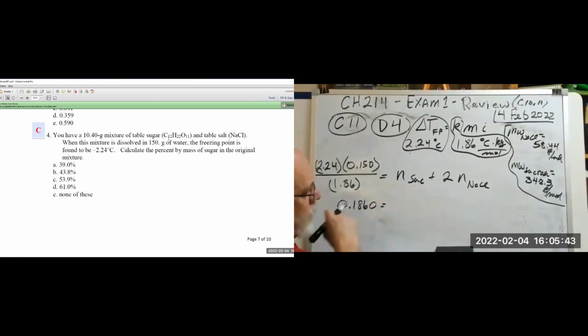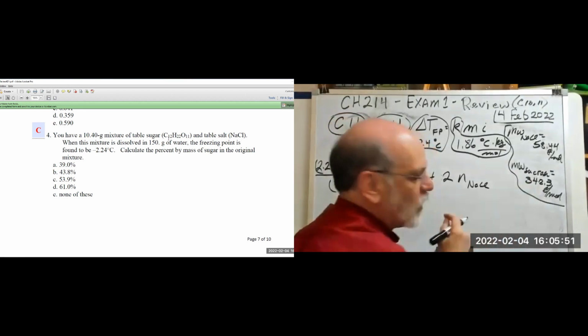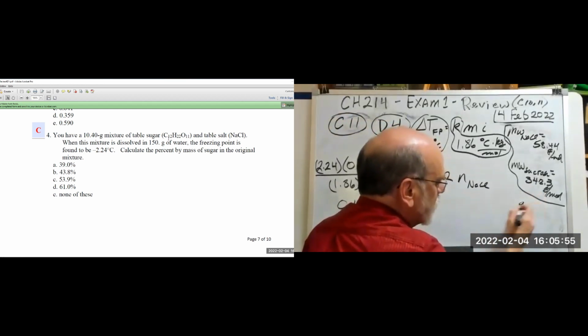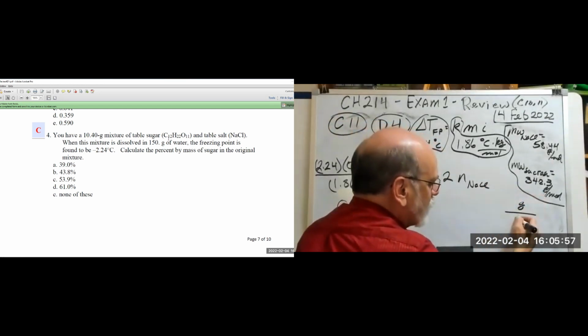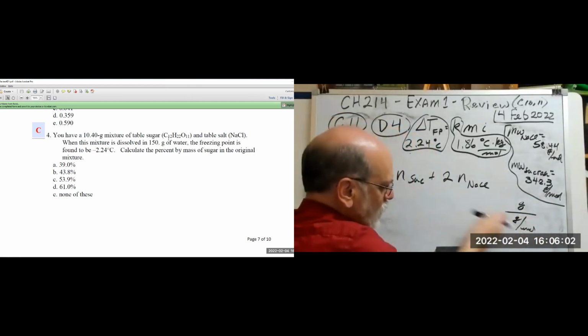And moles of sucrose is mass divided by molar mass. Right? If we took mass, grams of sucrose, and divide it by grams per mole, that'll give us moles. So that's the moles here.